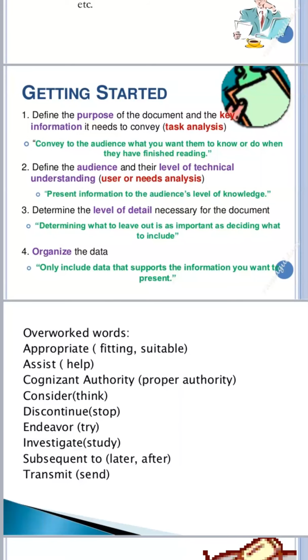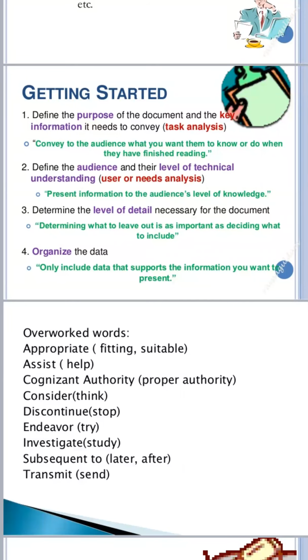The second point of technical writing is that we define whom we are writing for. When we define our audience, our readers, we also have to define their level of understanding, as we have talked about. This is your second point, which fulfills your user need analysis.